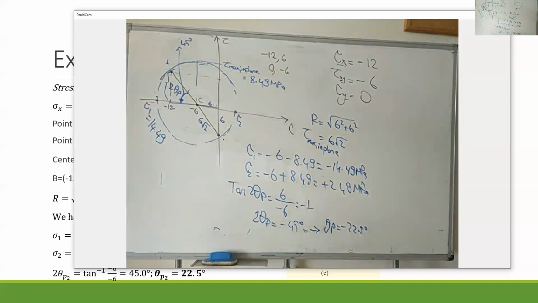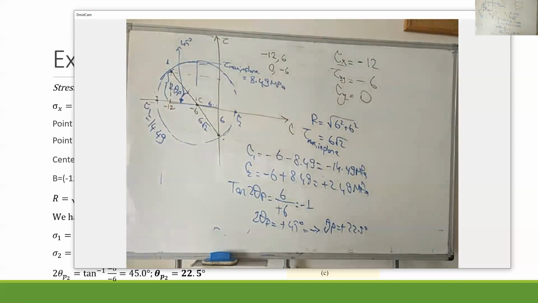I hope I am doing this correctly. Let me check that. This is counterclockwise. Counterclockwise is positive, so it should be positive. I don't want to confuse positive 45 degrees and positive 22.5, which I think is much easier. I don't want to handle the positive and negative things. Okay, this one is okay.